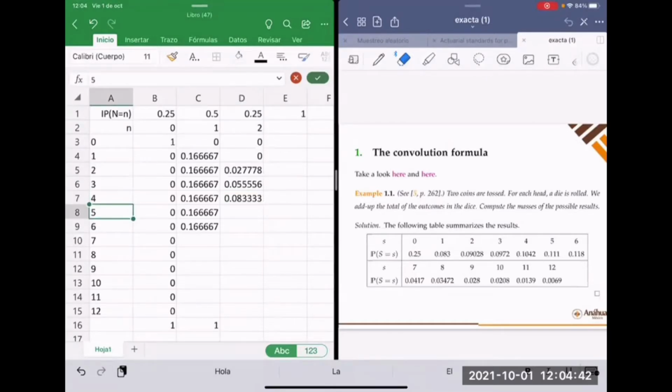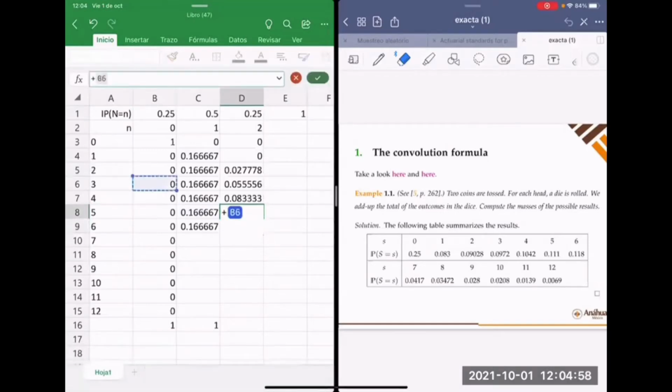If I need to calculate the probability that we get a 5 with 2 random variables, and that is in the sum of 2 random variables, then we need to go from 1 in the first one and 4 in the second one, or 2 and 3, or 4 and 1.